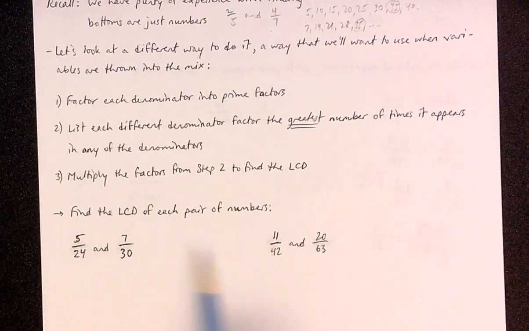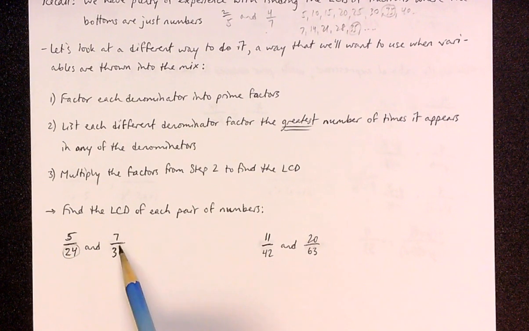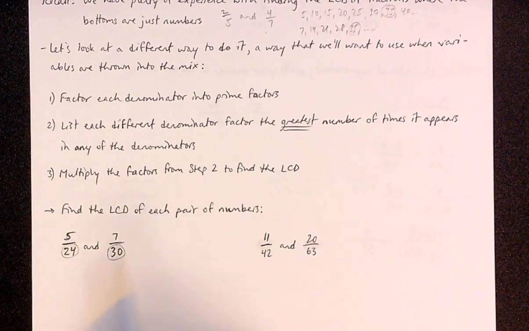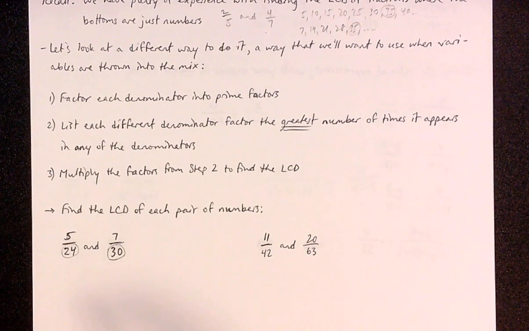Let's find the LCD of these two fractions. I'm going to take a look at the denominators, the 24 and the 30, and I'm going to rewrite each of these as a product of prime numbers, also known as a product of numbers that cannot be broken down any further.